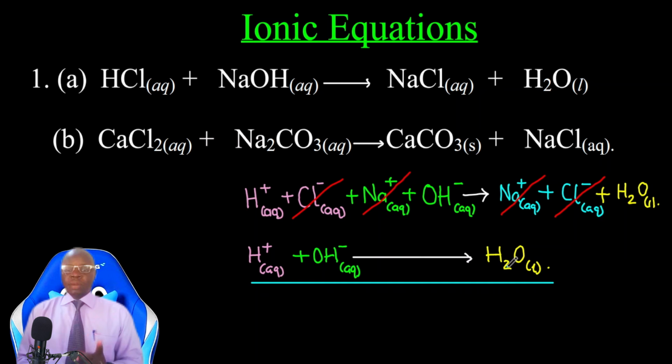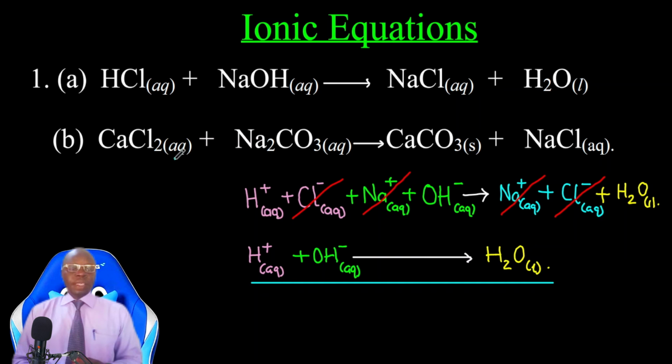And it is balanced in a way that there are two atoms of hydrogen, and here we also have two atoms of hydrogen. Then there is one atom of oxygen, here there is also one atom of oxygen. And we can see that this negative and positive will come together to form a neutral compound of water. So this equation makes sense and it is our ionic equation.